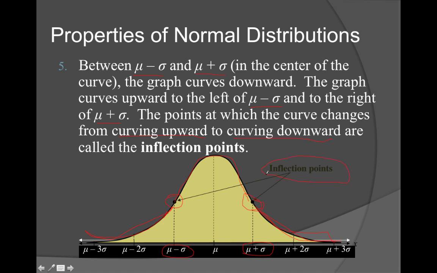At these changes in concavity, we are one standard deviation away from the mean. So again, what am I saying? If we go one standard deviation away from the mean, we will find that the curve is changing. It changes from curving down to curving up.